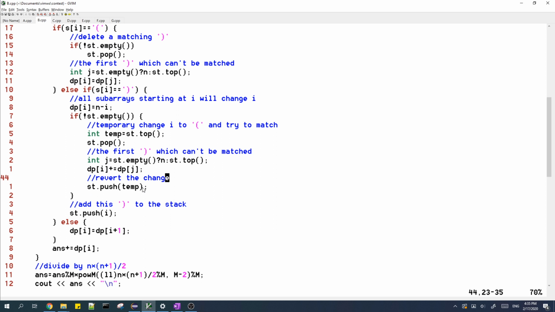So we need to put the closing parenthesis back into the stack. And then finally, we need to add the current closing parenthesis into the stack.